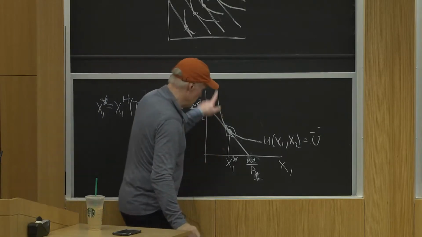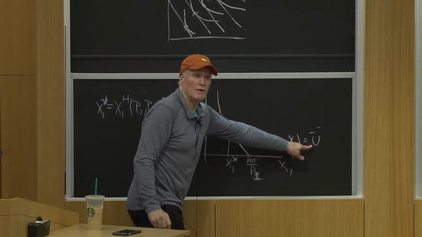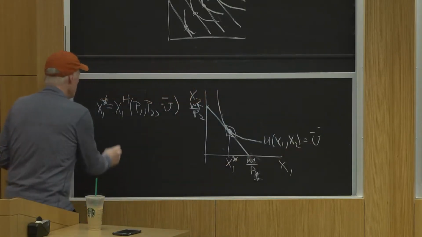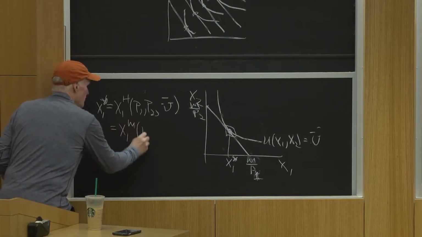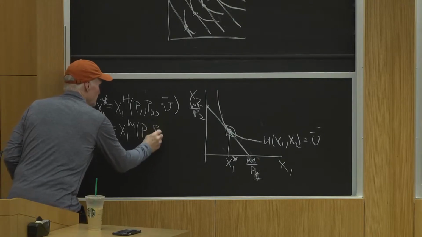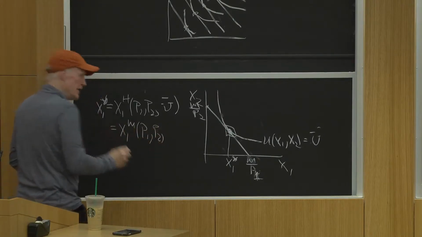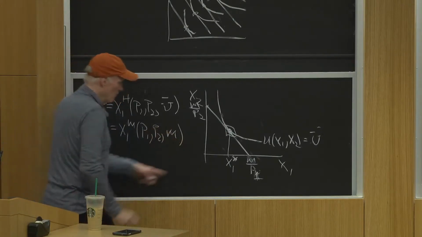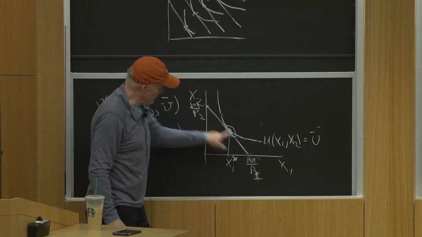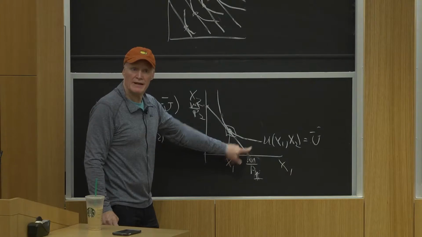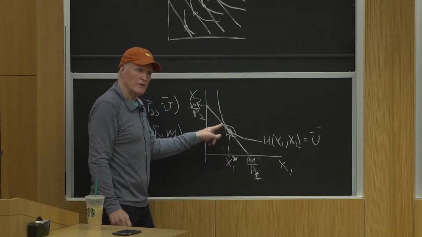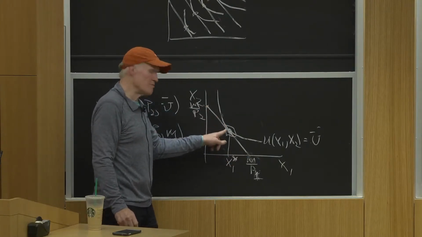Because this is the indifference curve u bar. I could also say it's equal to x1m of p1, p2, and m, where m is the value associated with that budget line. People see that? It's the same point described from two different points of view.